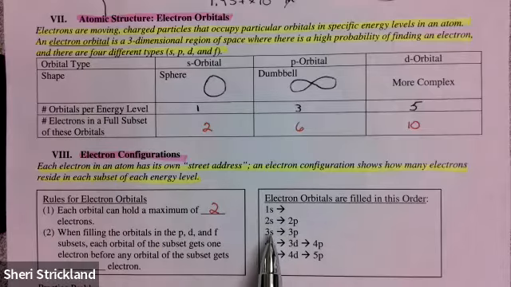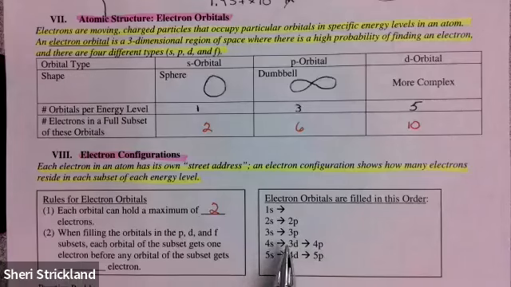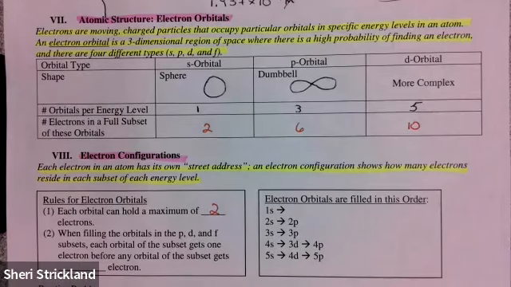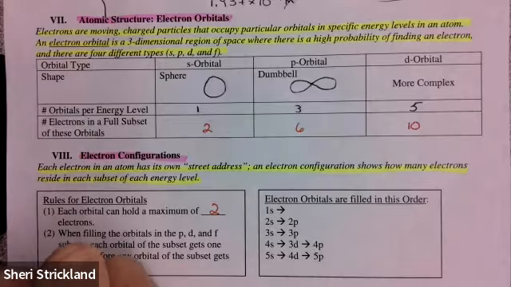The third energy level has an s, a p, and a d. And the fourth, we're going to look at s, p, and d. And the fifth, we're only going to do s and p. We're not going to go any farther than that. And so this second rule here says when filling the orbitals in the p, d, and f subsets, each orbital of the subset gets 1 electron before any orbital of the subset gets a second electron.